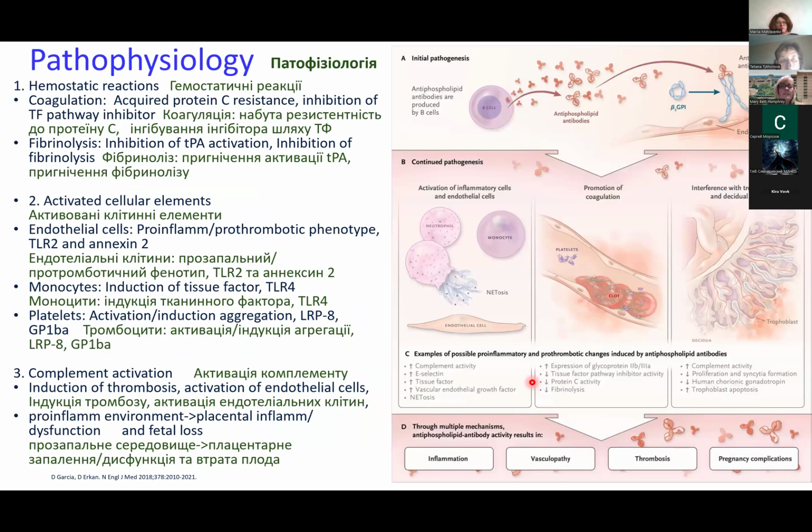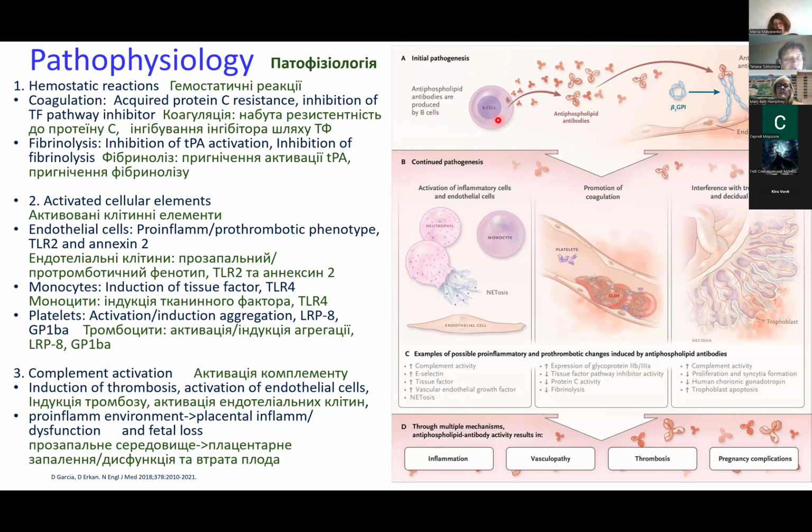So the pathophysiology of antiphospholipid syndrome requires basically hematological or hemostatic reactions, followed by cellular elements, and then followed by complement activation. So the schematic here shows what's happening in the blood.